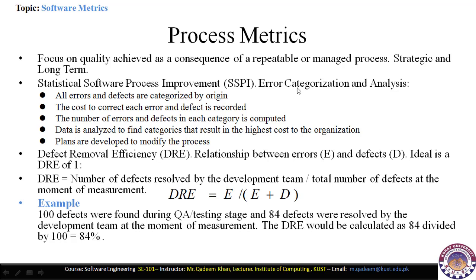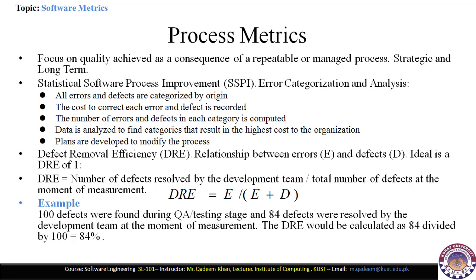Error categorization means that we first of all identify different errors and then we categorize these errors for certain classification, and then we analyze the errors. Analysis of the errors means that we identify the consequences of these errors on the product and also we identify the resources required to remove or correct these errors.